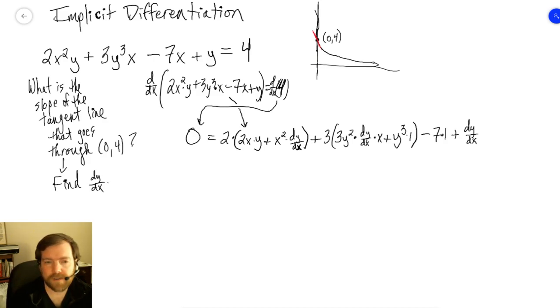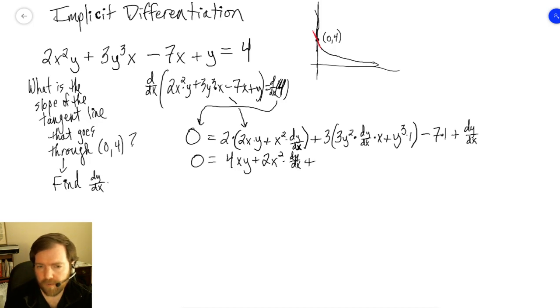All right, for this, then we're just going to do simple algebra here, where we're going to multiply in the 2. So this becomes 4xy plus 2x squared dy dx plus 3 times 3 is 9 y squared dy dx times x.